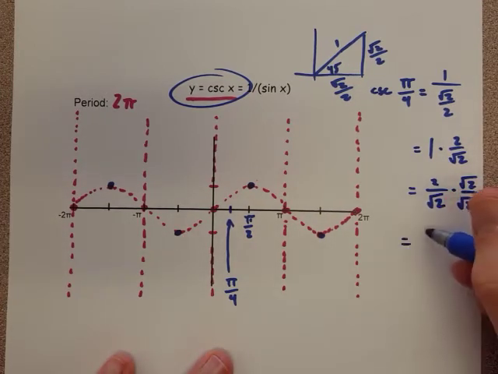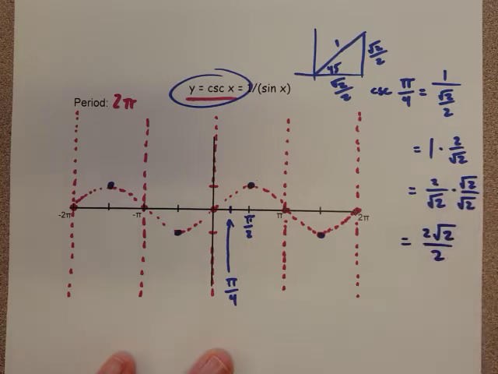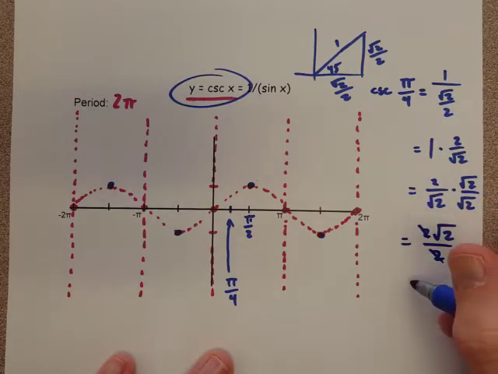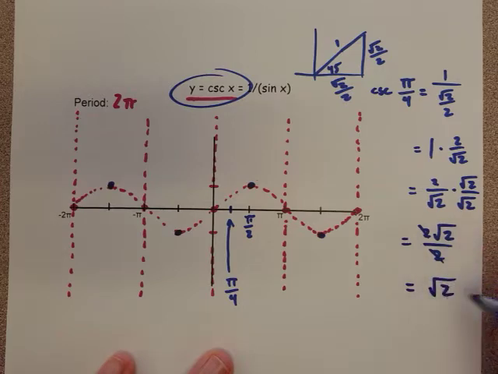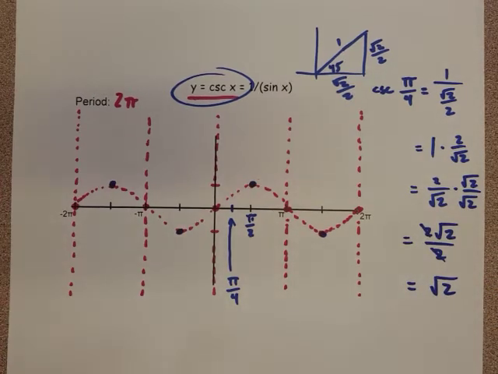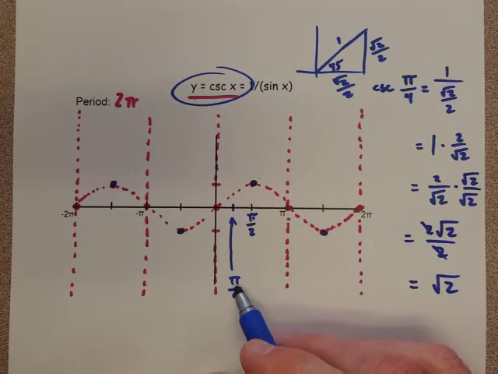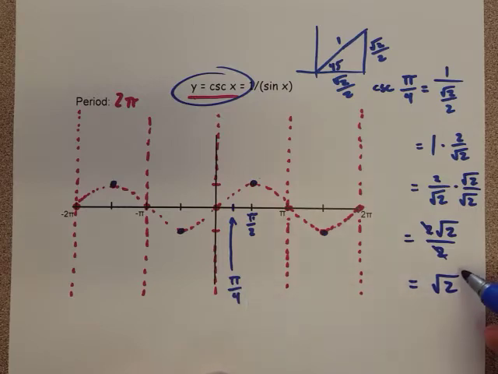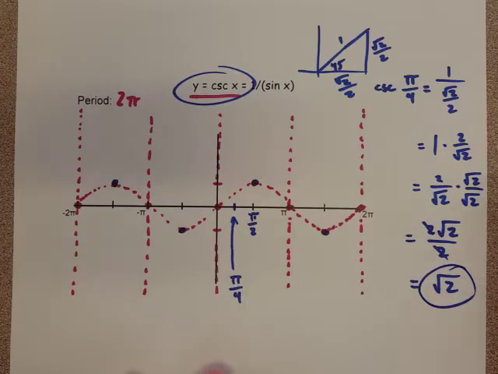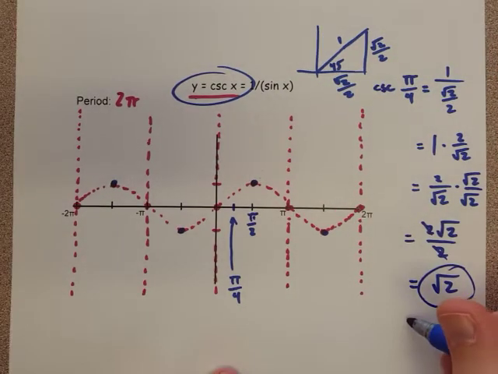Then it gives us, almost there, 2 square root of 2 over 2, and those 2's can cancel, so we're left with a much simpler version, which is just square root of 2. So what that means is that this is going to give us a point. It's going to be pi over 4 as the x value and square root of 2 as the y value. Square root of 2, if you plug that into your calculator, is about 1.4.